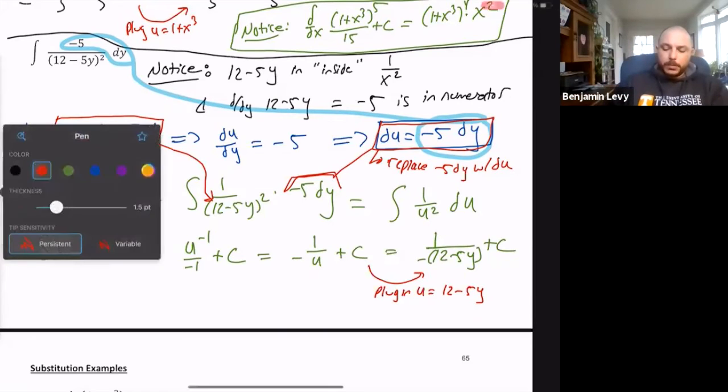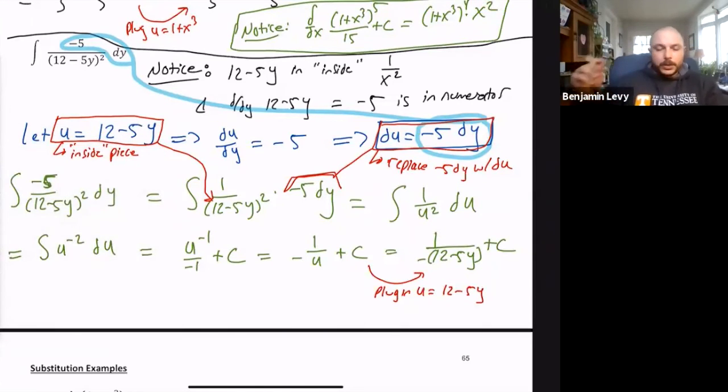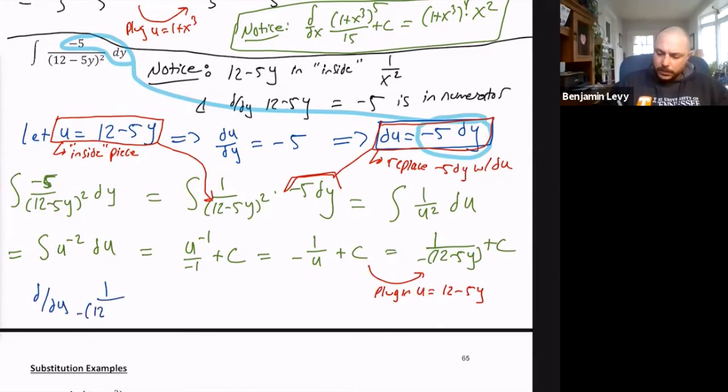That's always worth mentioning. This shouldn't be a situation where I have no idea if this is right. It should be at least, oh yeah, if I take the derivative of that, I get the original, right? So I would like to just mention that. If I take the derivative of the thing we just found, it would be a chain rule, and we would get back to the original.